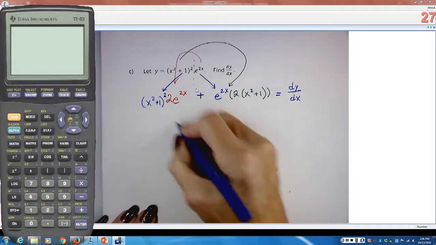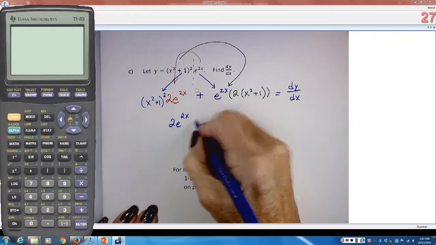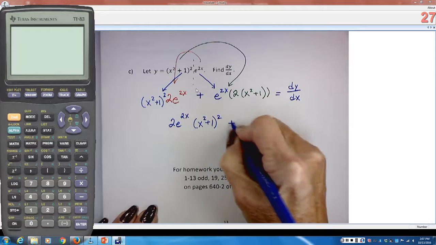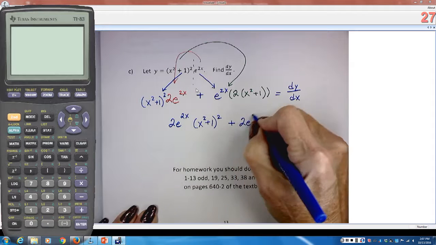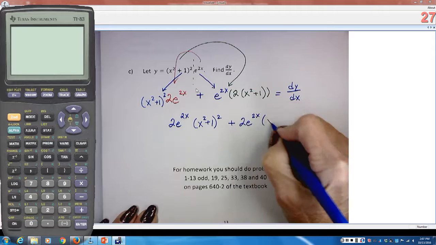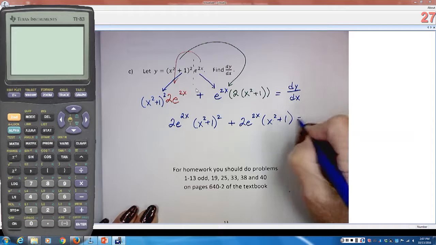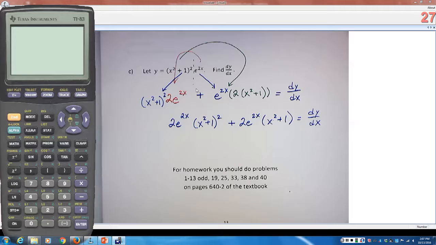You can turn things around a little bit if you want to. 2e to the 2x times x squared plus 1 squared plus, let's see, 2 times e to the 2x is 2e to the 2x times x squared plus 1 equals dy dx.